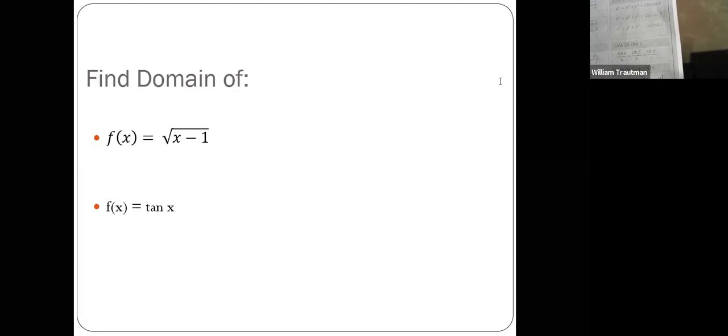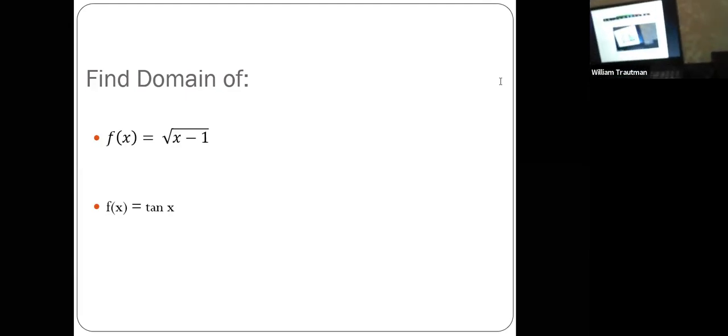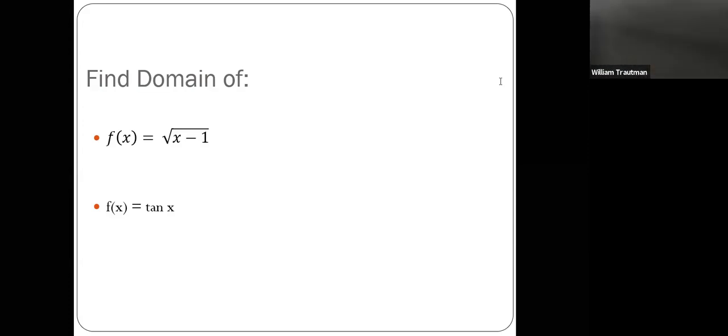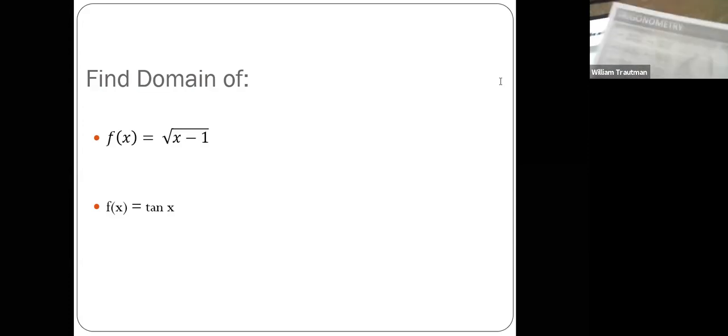If we look down, give me a second. Down here, I'm on one of the trig handouts, the part that has the unit circle on it. I'm looking down in the lower right-hand corner.